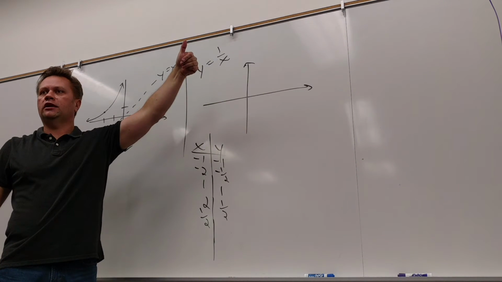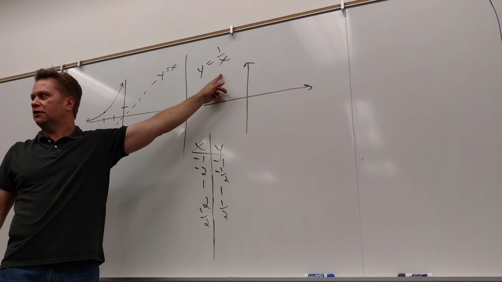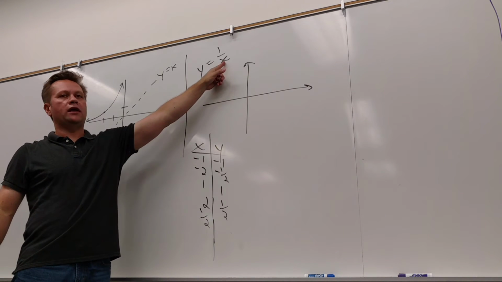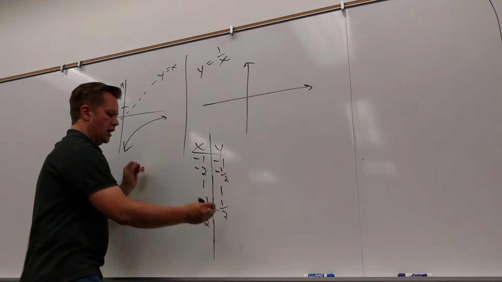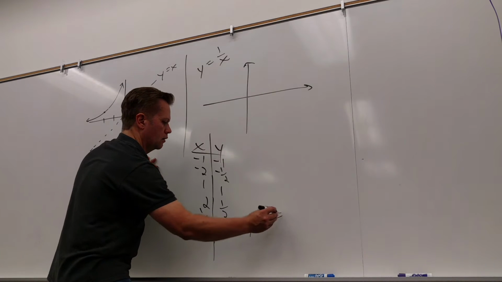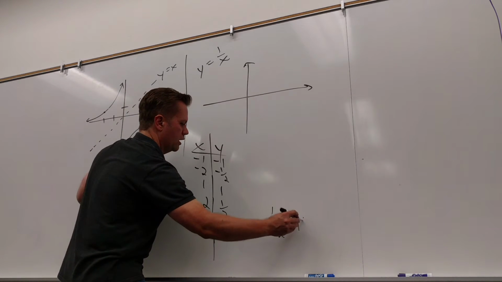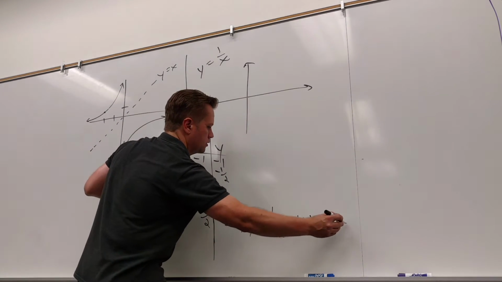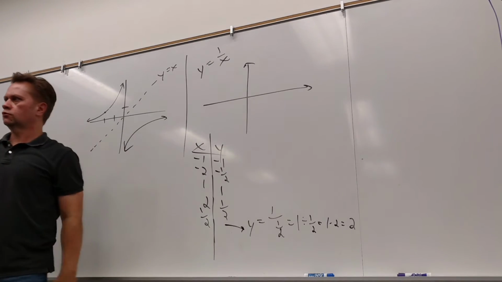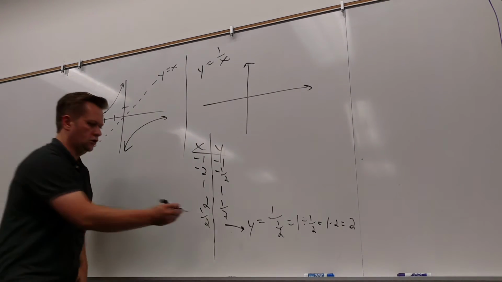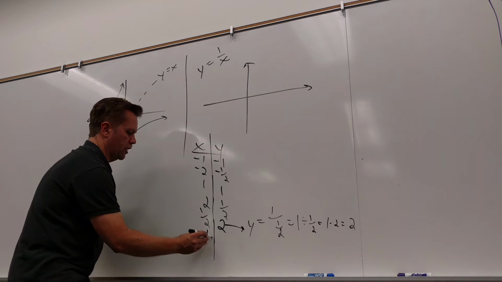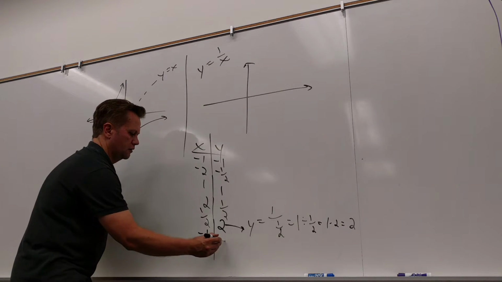It flips it, whatever it is. It's like the reciprocal function, right? So when I plug a 1/2 in, what's 1 divided by 1/2? 1 times 2 is 2. So that's 2. So what about if I put -1/2? -2. That's crazy.